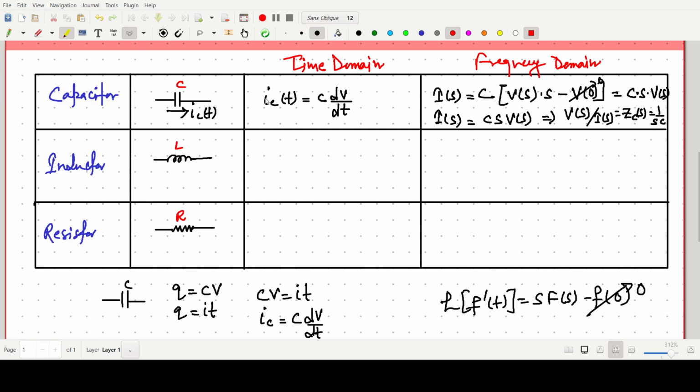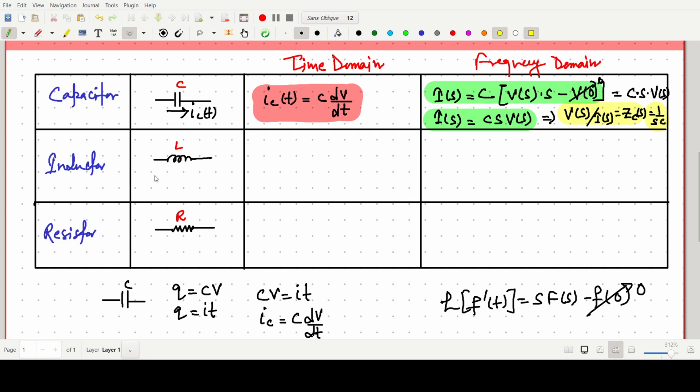First we have written it in the time domain, then in the frequency domain by keeping the initial condition 0. So the frequency domain impedance value will be 1 by sC.